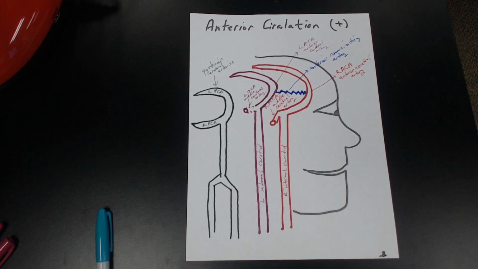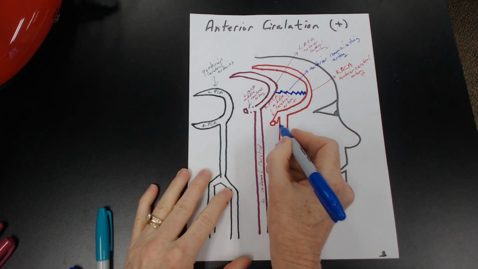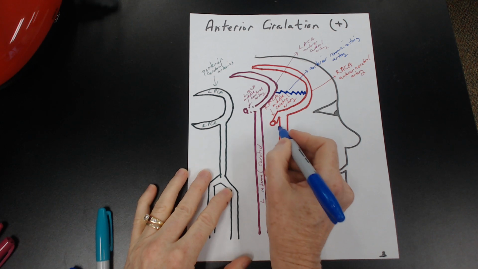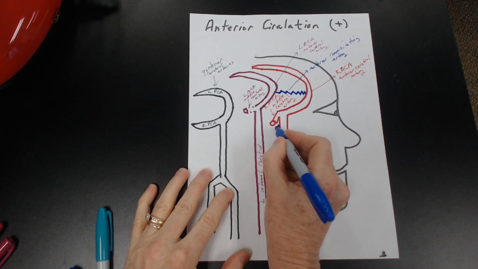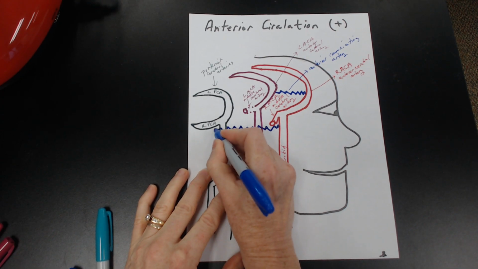Now there's another couple of arteries that are going to be responsible for connecting the anterior circulation with the vertebral basilar system. And those are going to come off the left and right internal carotid. So let's go ahead and start with the right internal carotid. This little connecting artery, part of the Circle of Willis, is going to connect the right internal carotid with the right PCA.